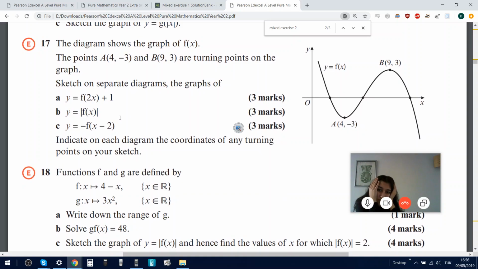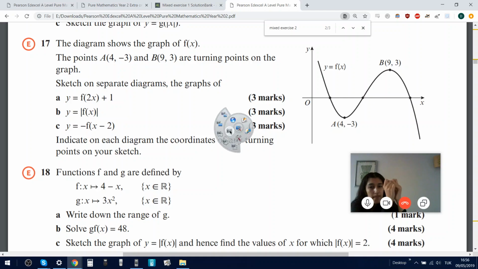Okay, 17a. How do we do that? Point that and that a turning point in the graph. Sketch ahead. So it's times the x by 2. So it's gone like so. 4 minus 3 goes to 8 minus 3.